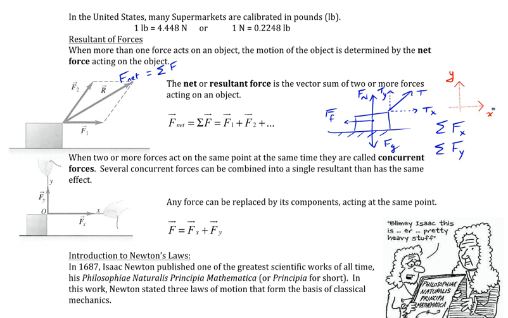But not always. Let's say you have a box that's being pulled up a ramp. In this case, it would be more convenient not to pick x and y axes that are along the horizontal and vertical of your page, but to tilt them along the surface that you have. So here we'll be looking for the net force that is parallel to the surface and perpendicular to the surface.